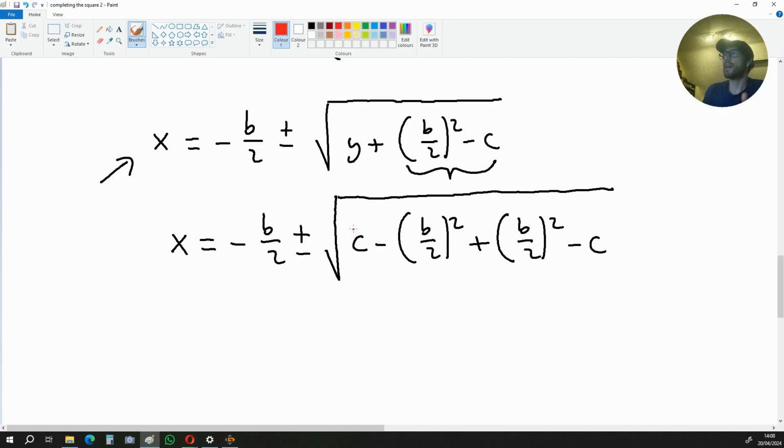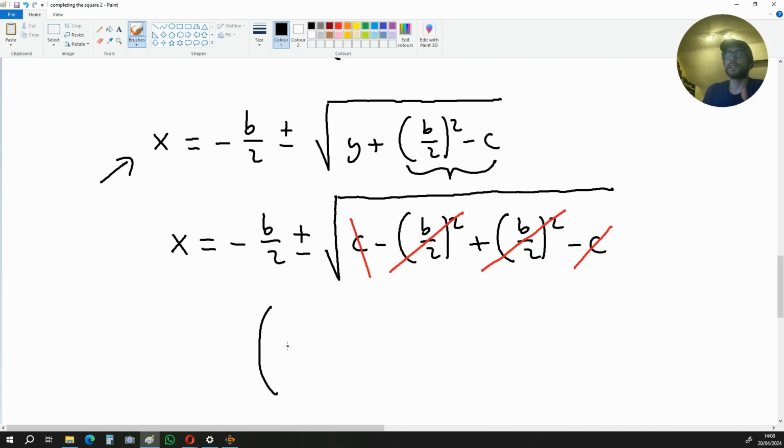Now, c minus c is equal to 0, so we can cross those out. And minus b over 2 squared plus b over 2 squared is also equal to 0, so we can cross these out. So what we're left with is x is minus b over 2 for that turning point.